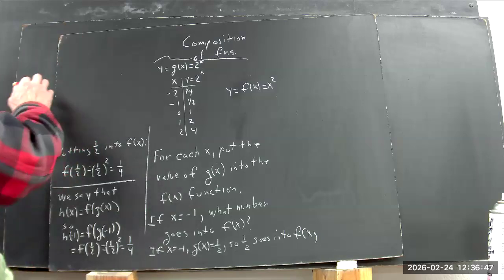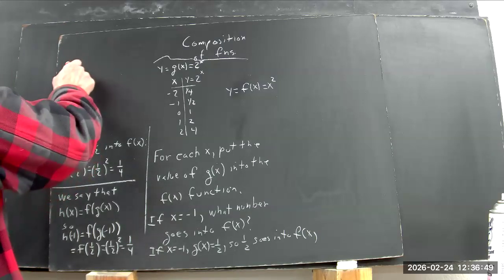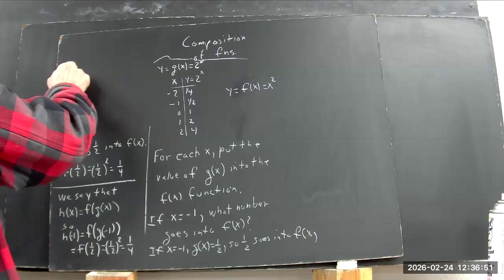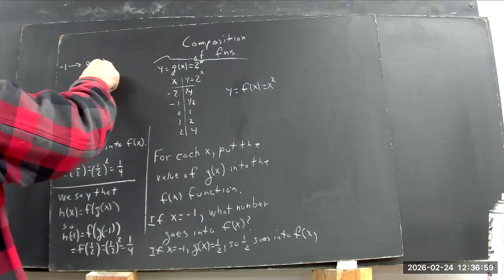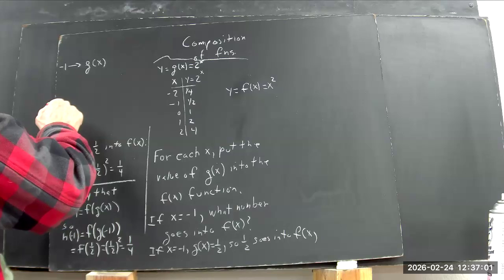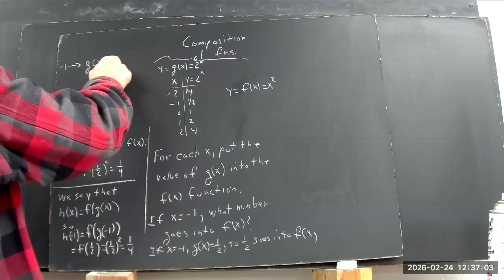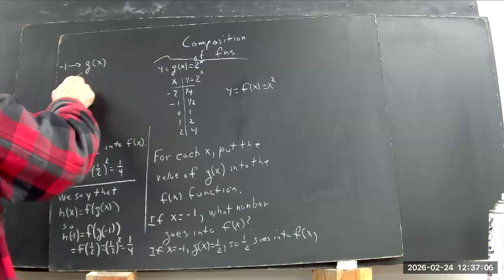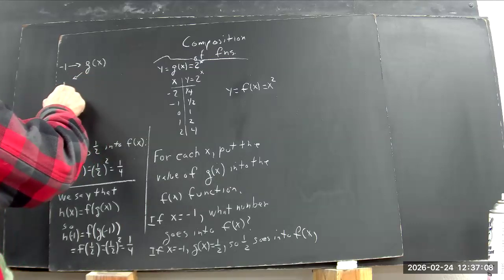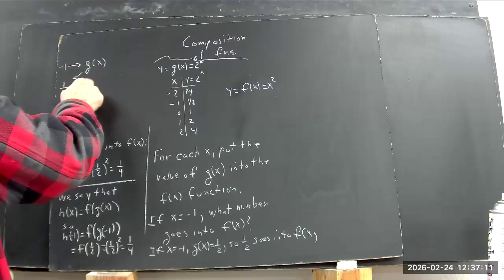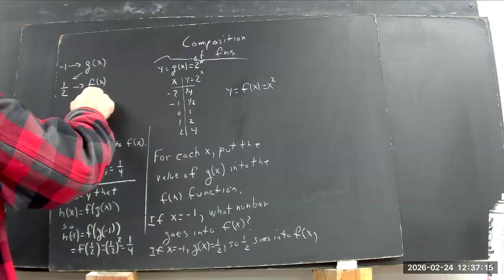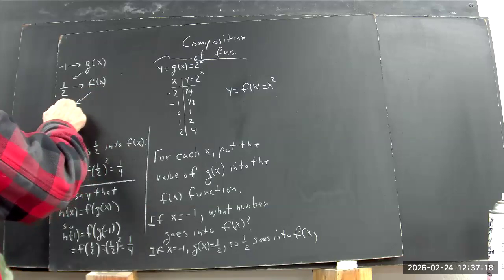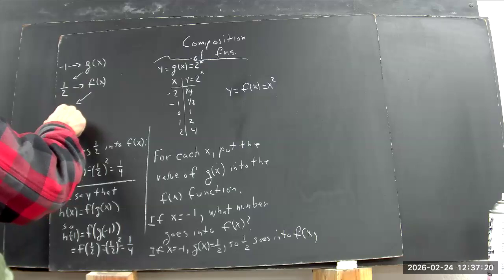So here's another kind of schematic. -1 goes into g of x, which gives you 1/2, which goes into f of x, which gives you 1/4.